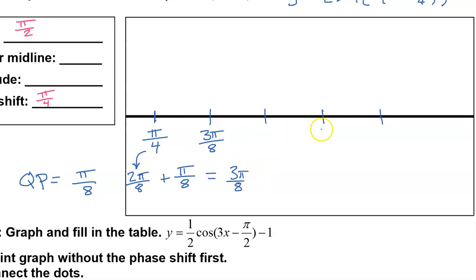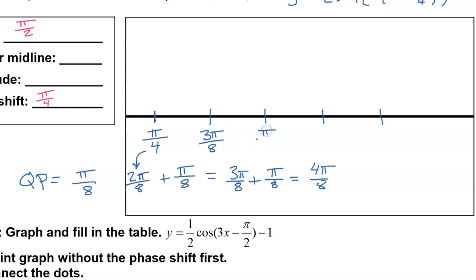So let's continue and keep adding a quarter period so we can find the next position and the next position and the next position. So I'm going to add another quarter period, all right, another pi over 8, and that's going to give me 4 pi over 8. All right, 4 pi over 8 reduces down to pi over 2.